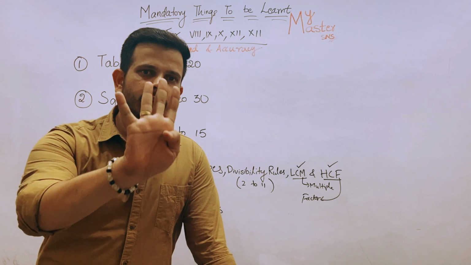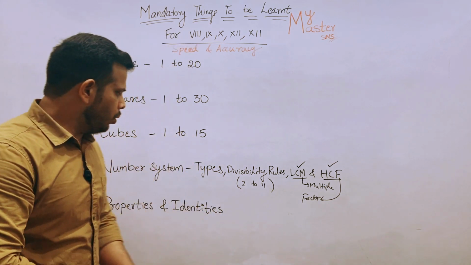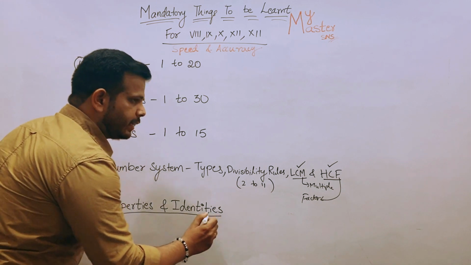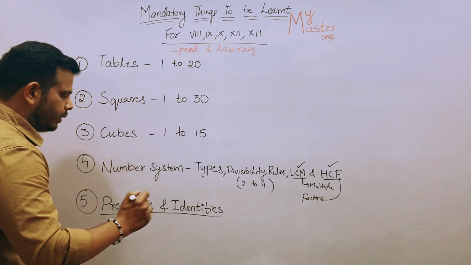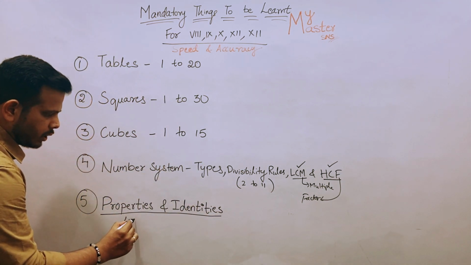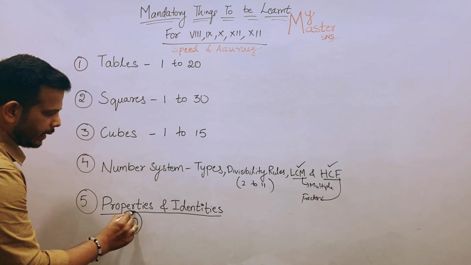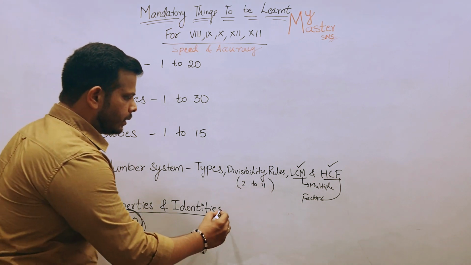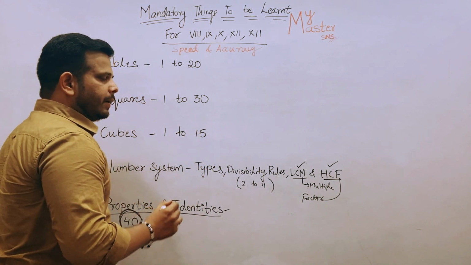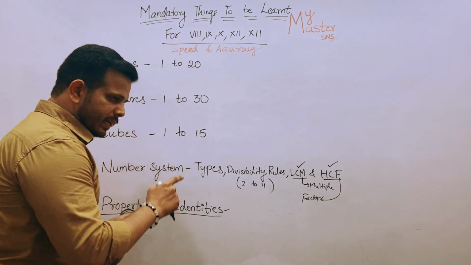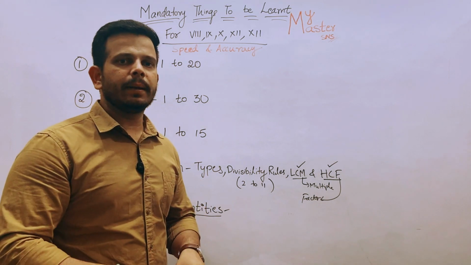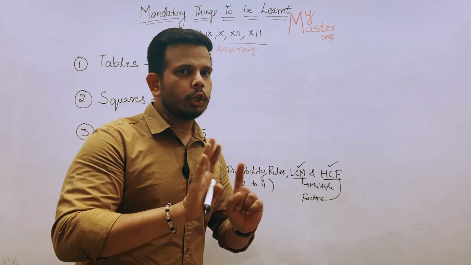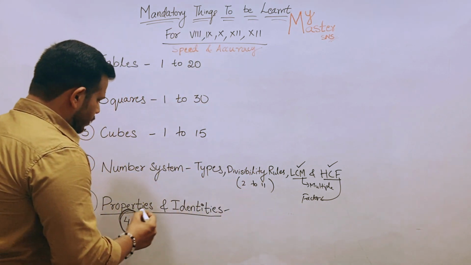How many? 40. So I will be discussing some basic properties and identities required for your exams. Those are only 40 formulae, 40 properties, 40 identities. Before discussing them, to understand them, you have to learn a few more topics. What are the topics? I will be telling you.